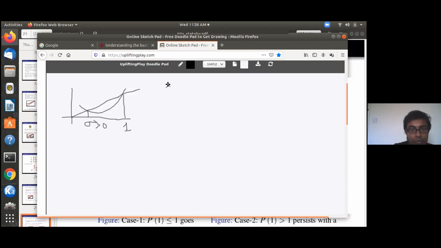Now I have shown you that the probability of extinction x1 is less than or equal to the probability of extinction at generation 2, and so on, at the nth generation and so on.